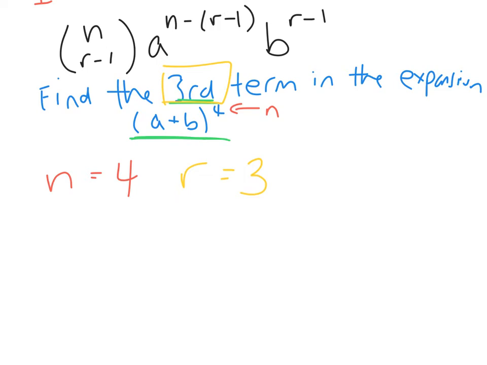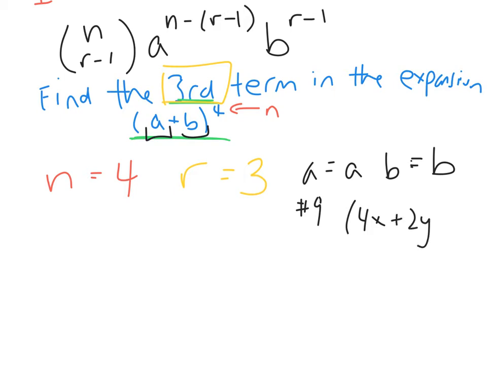Then a is similar to what we did in class. a is just equal to whatever this is, which is a, and b is equal to whatever this is, which is b. But in the test question, number 9 on the test, the expansion I was asking you to find was 4x plus 2y to the 8th power.